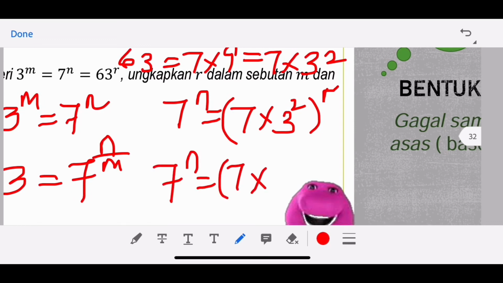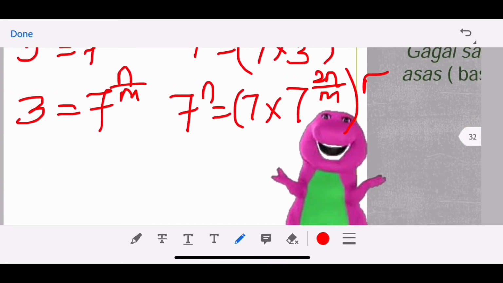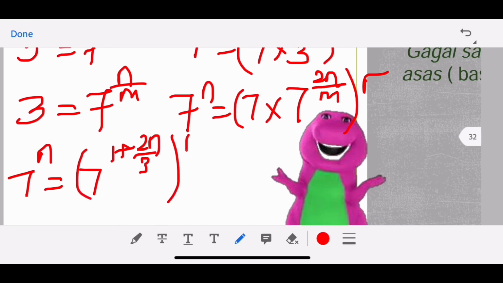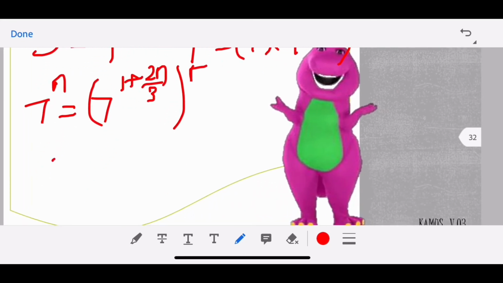So 7 times 3, when I see 3, I will write 7 n over m, and then there is a 2, so you have to times the 2. So finally 7 to the n equal to 7 to the r, you times 1 times r plus 2n over m. There's an r, so you can just simplify like this.